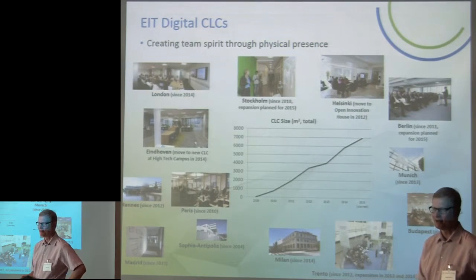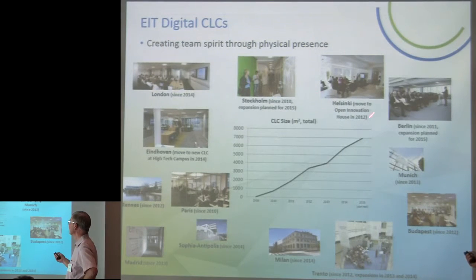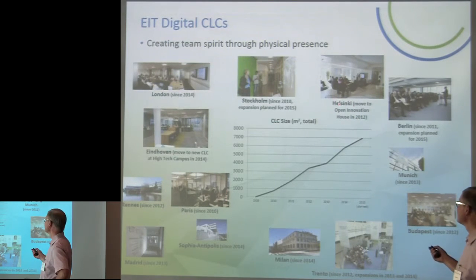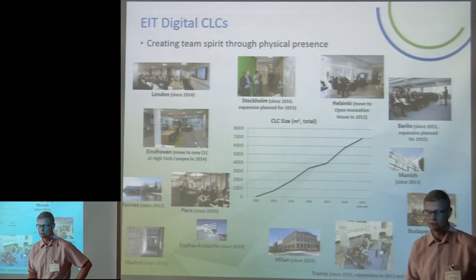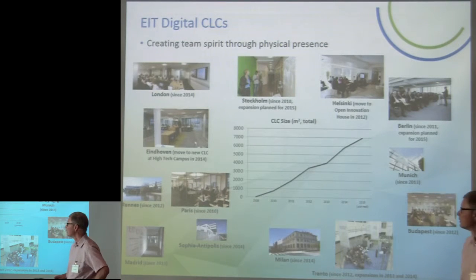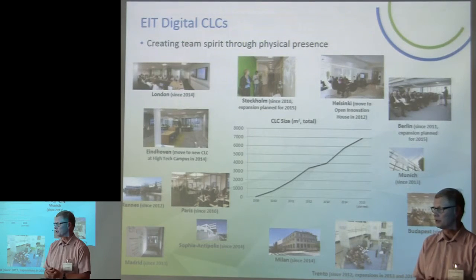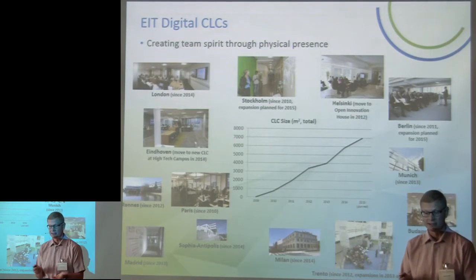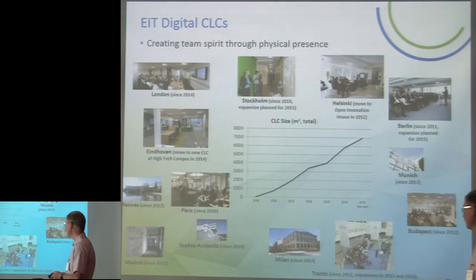I come from Helsinki, where we have a nice innovation house in Otaniemi, close to Aalto University. And as you can see, the size of the co-location centers has been growing through the years. So obviously this is an excellent network of operations that we have around Europe.